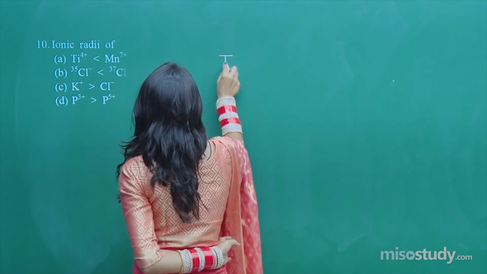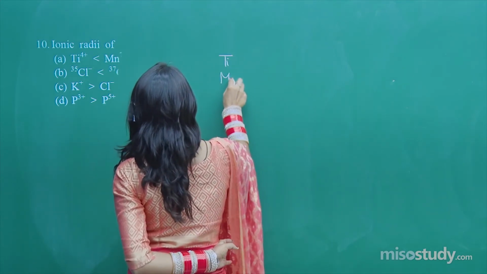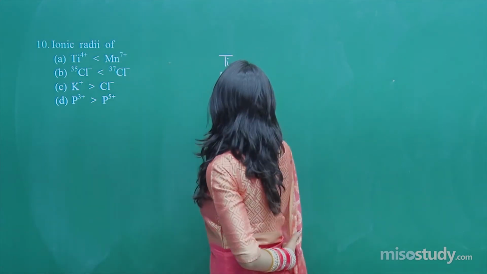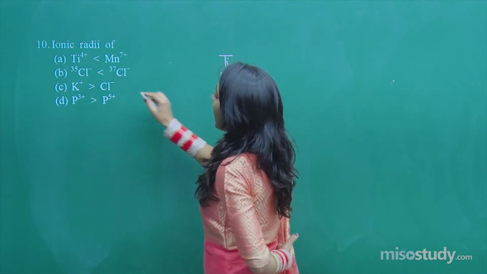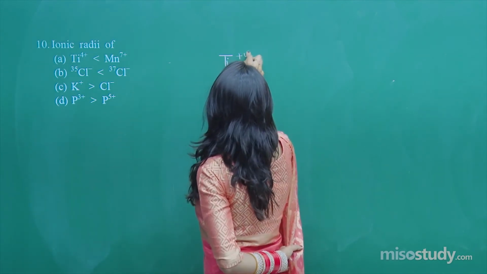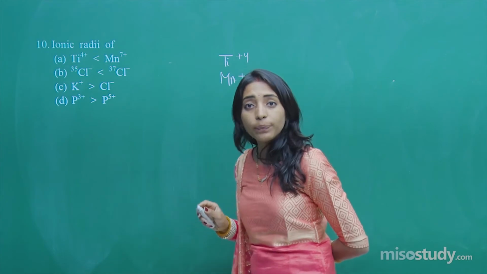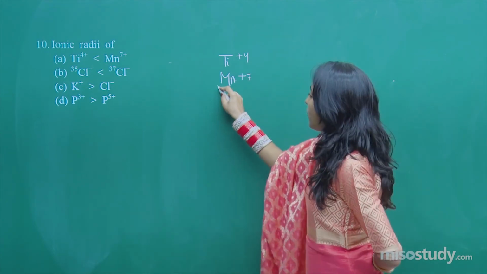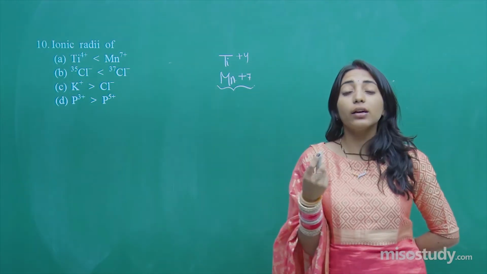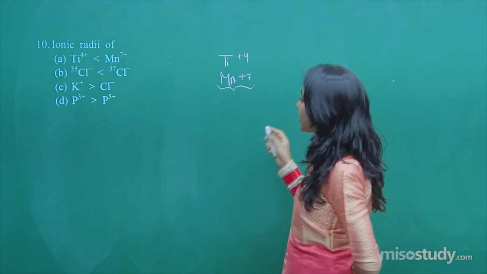We have titanium and we have manganese. Manganese is +7 and titanium is +4. Now see, if manganese is having a higher positive charge, let me just compare once again.